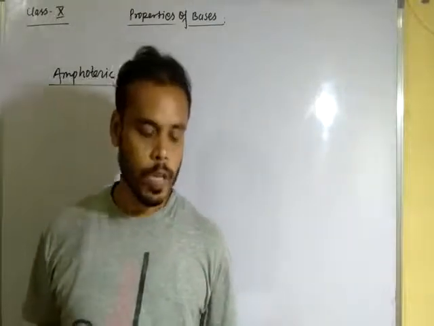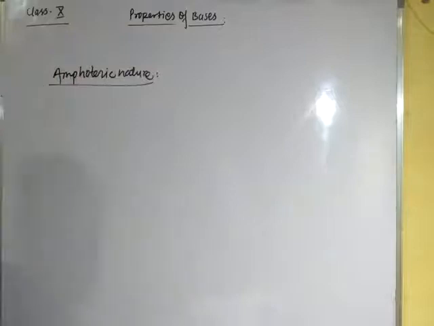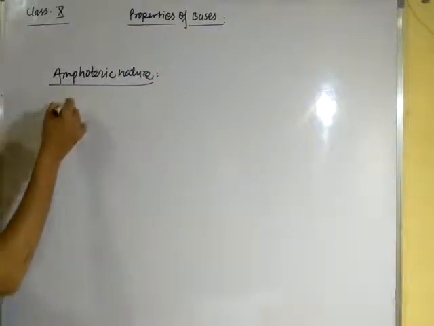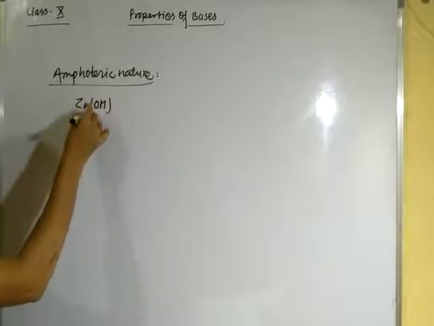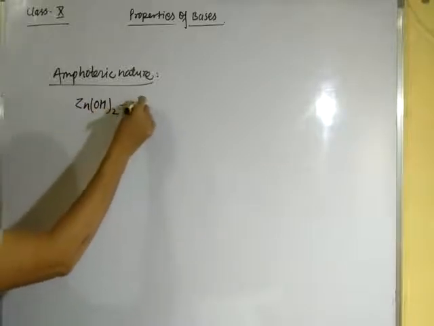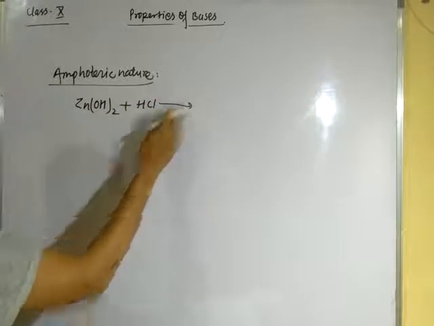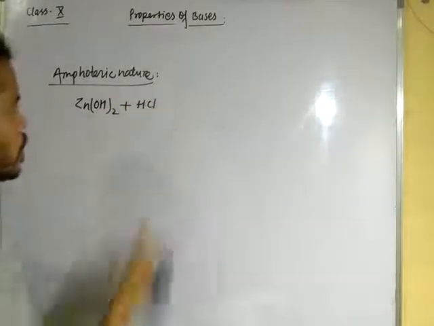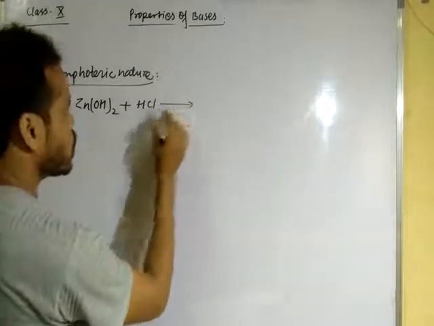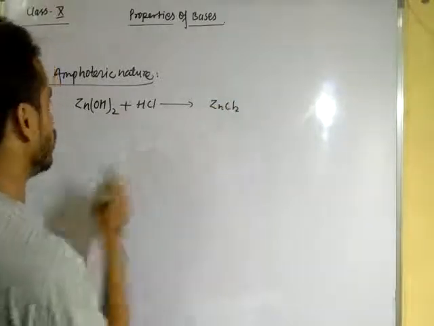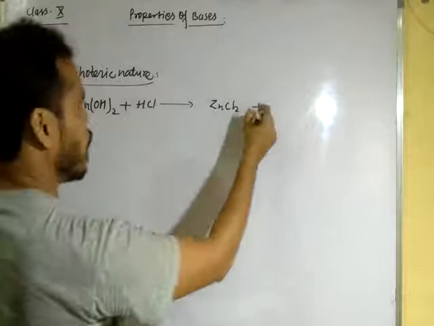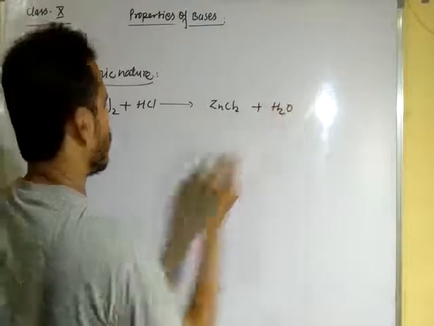Let us see when zinc hydroxide is treated with HCl, it forms a salt like zinc chloride, ZnCl2, and H2O.